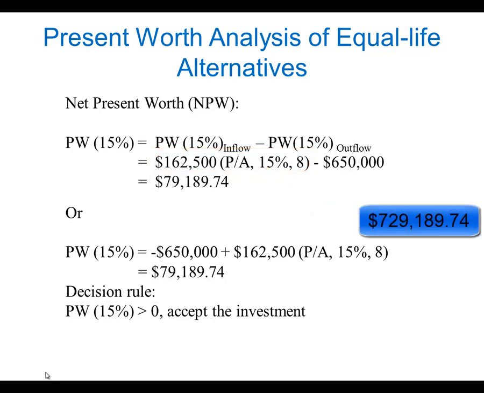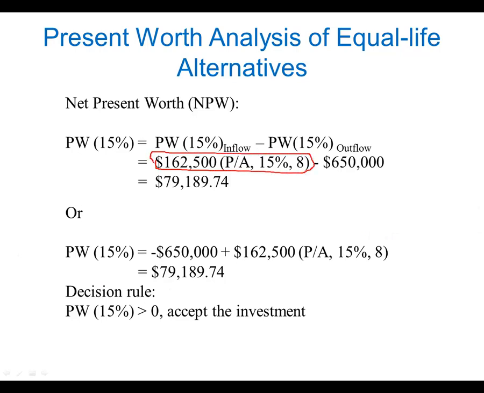If we subtract 650,000 from this result, we will get $79,189.74.